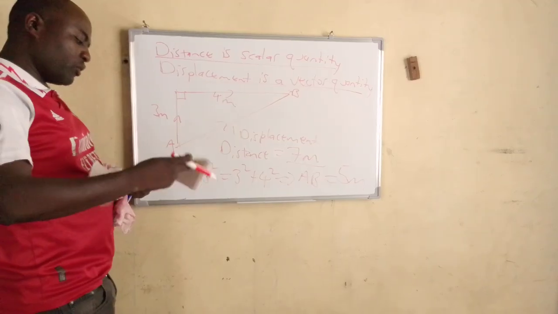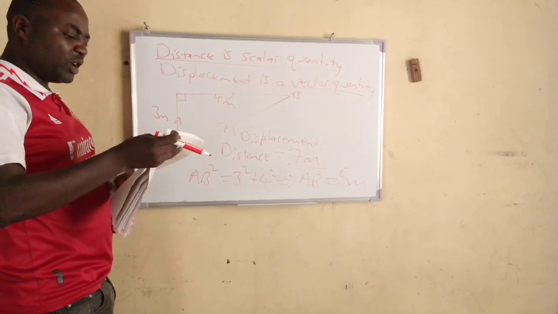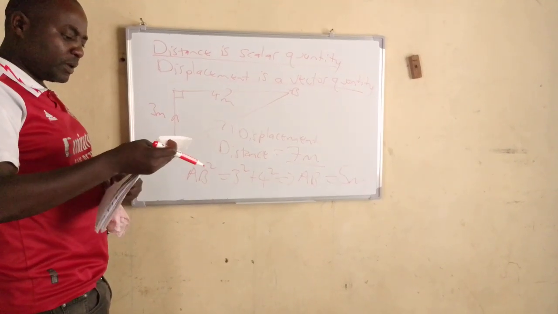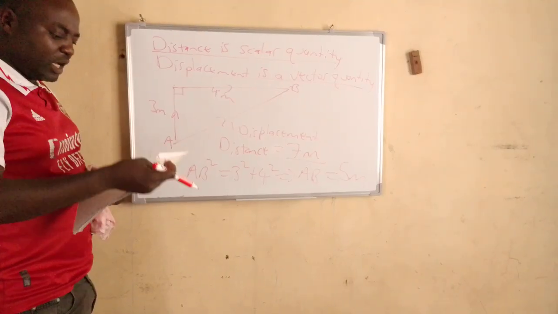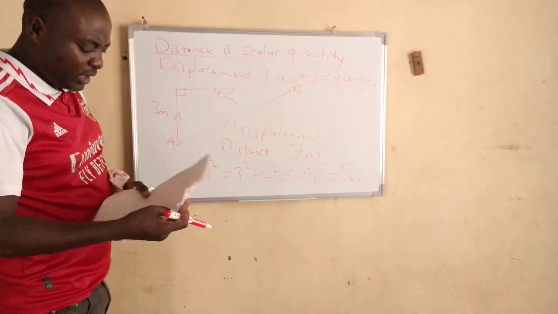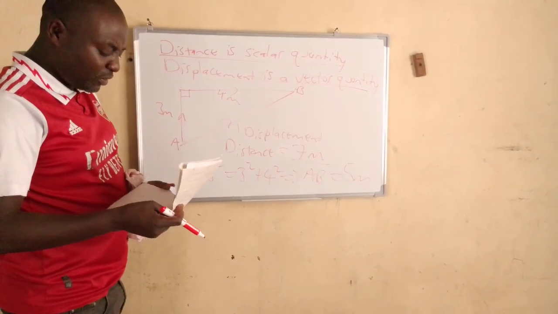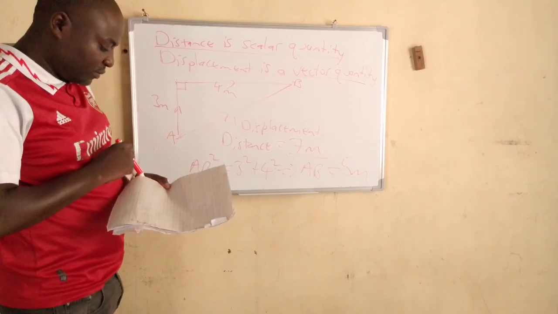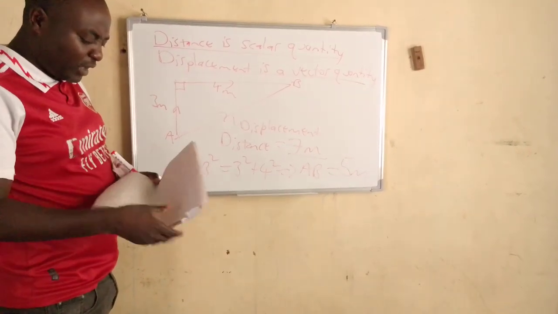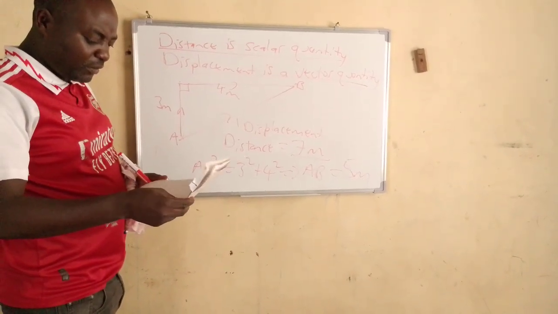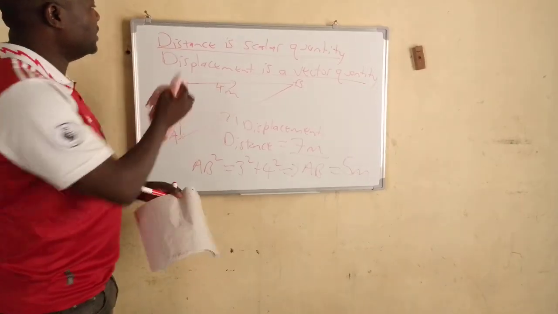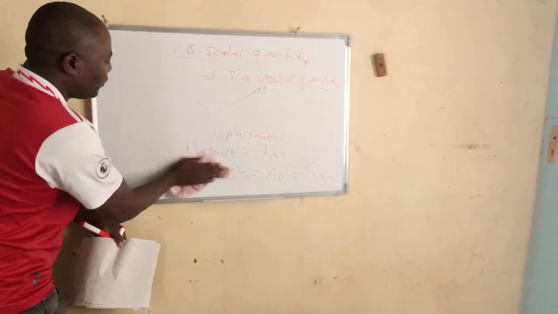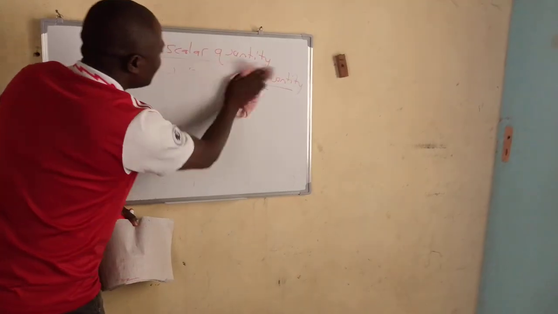So an object can undergo a total displacement of 0, yet travel through a longer distance. Let's consider the following.